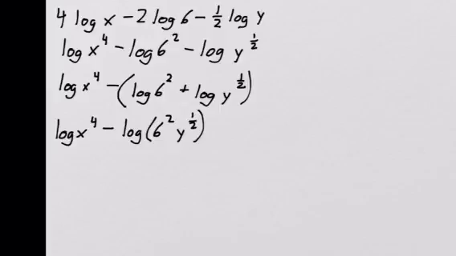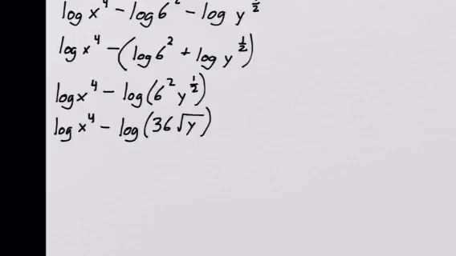I'll go ahead and do a little bit of cleaning up with that second statement here. So log of x to the 4th minus log, we know that 6 squared is 36, and we can rewrite y to the 1/2 as the square root of y.